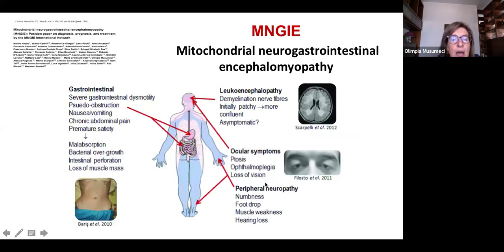The patient also has some gastrointestinal dysmotility that is leading to a cachectic status, and it is a very severe condition where the multi-system disorder is really devastating.